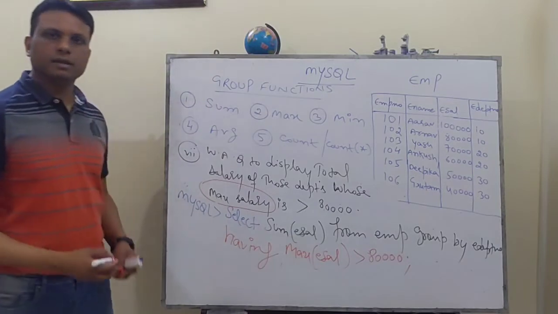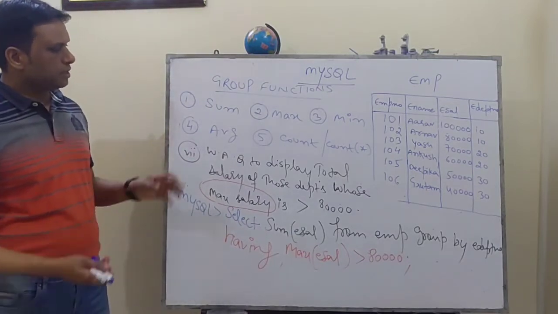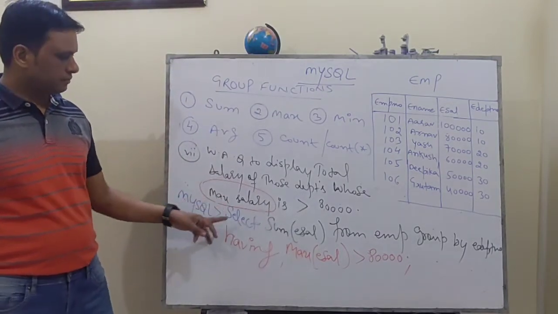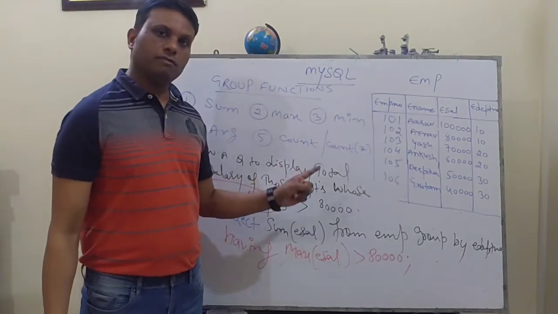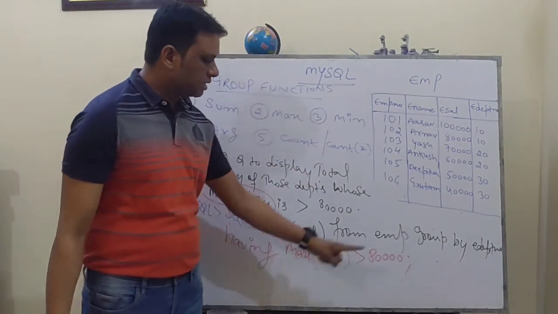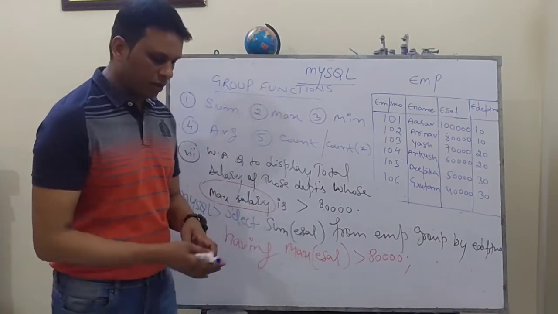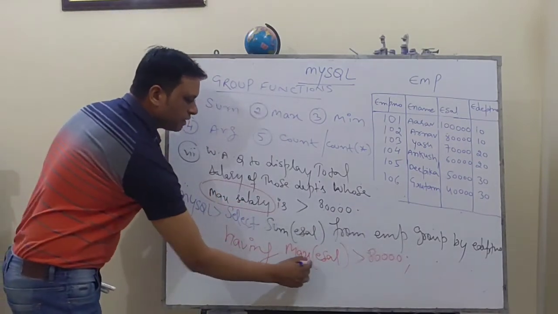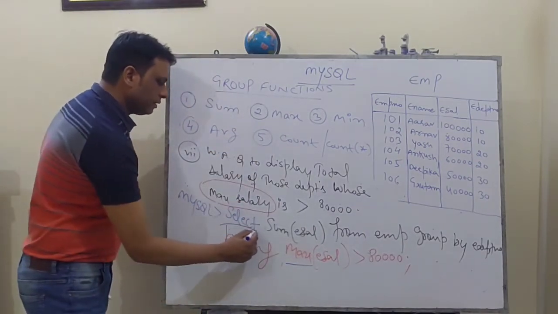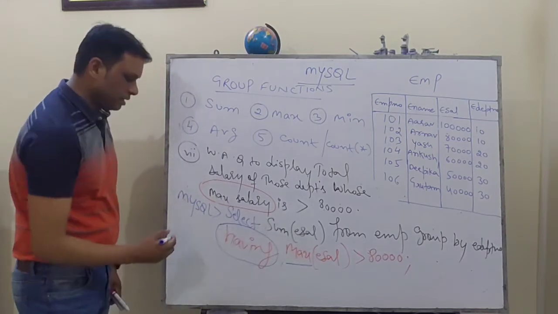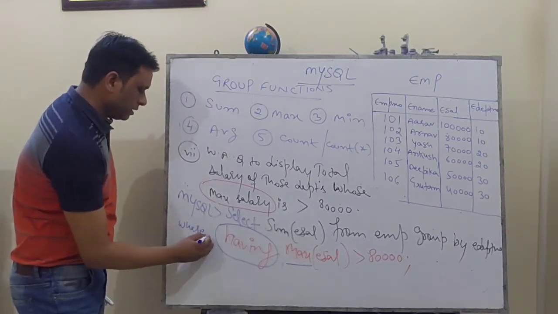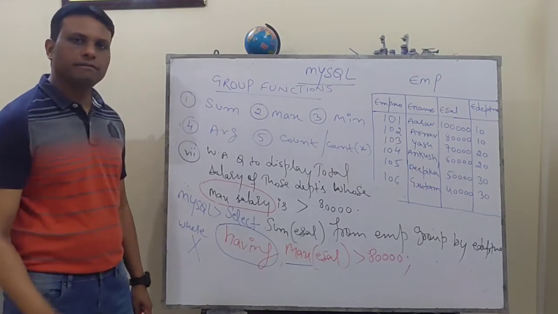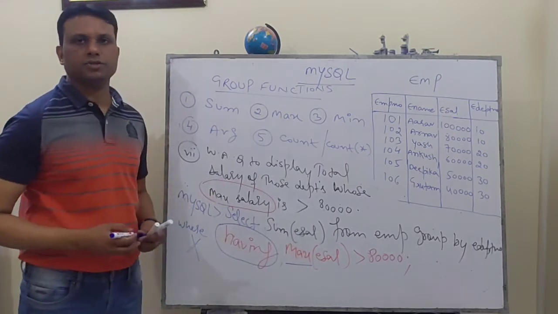That's it. The query is: display total salary of those departments whose maximum salary is greater than 80,000. So wherever you find any group function in the conditional part, we have to use having in place of where.